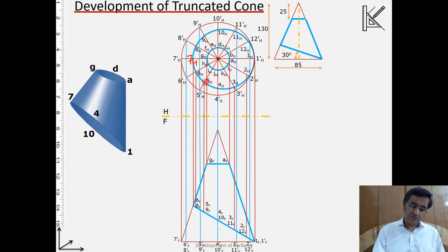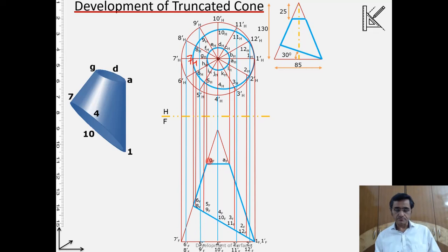So 5 and 9, they are being transferred over here, okay. Similarly, the other points are also being transferred, 3 and 11, for example here 3 and 11, okay, which are on the bottom truncated surface. Okay, I can also transfer from the top truncated surface, and I'm just showing you two of these.